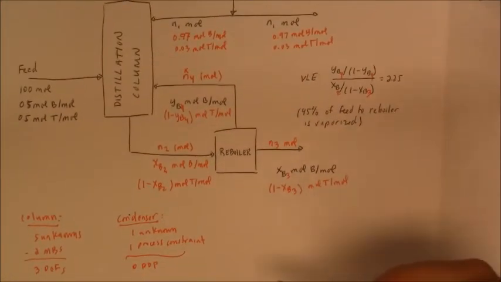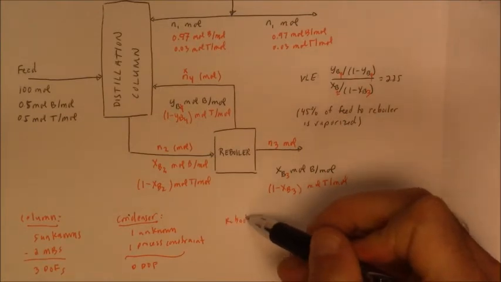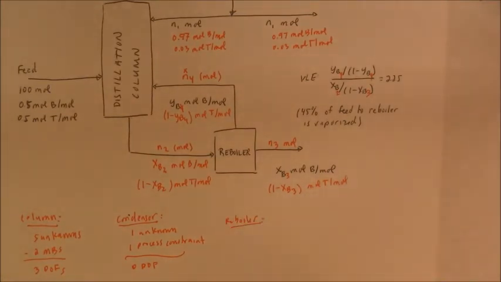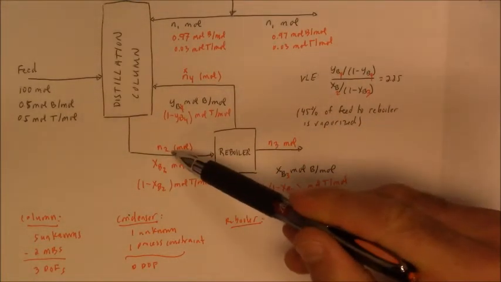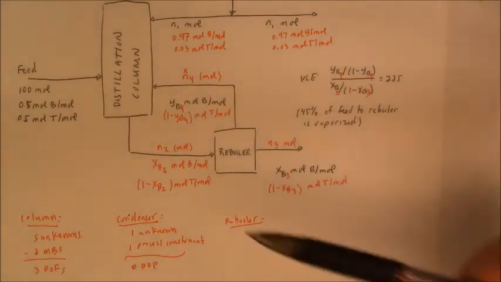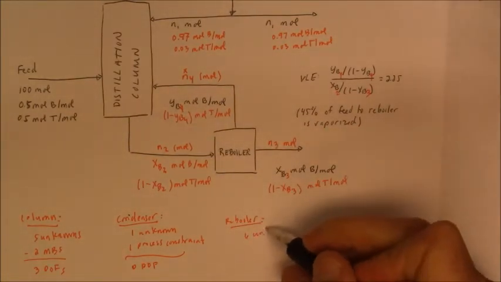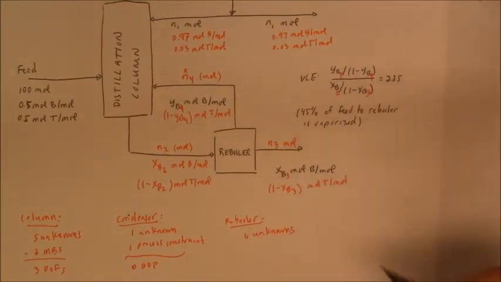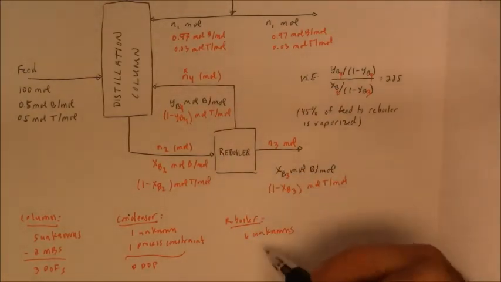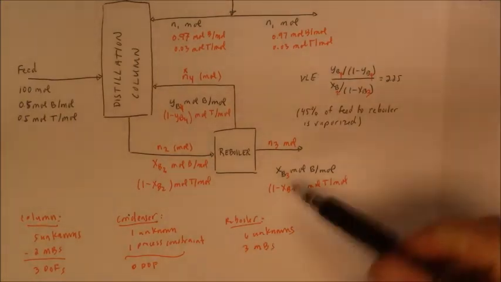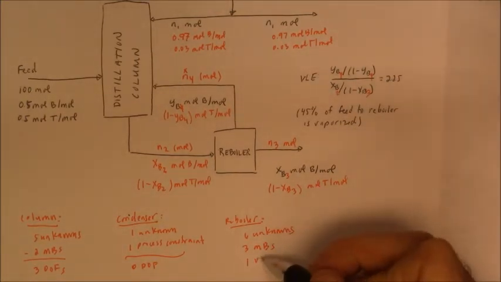Let's now look at the reboiler. If we count our unknowns around the reboiler, I believe we have 6: N3, XB3, N2, XB2, N4, and YB4. So we have 6 unknowns, and then we have 3 species balances, or 3 material balances.